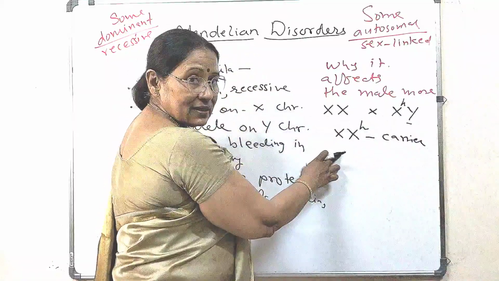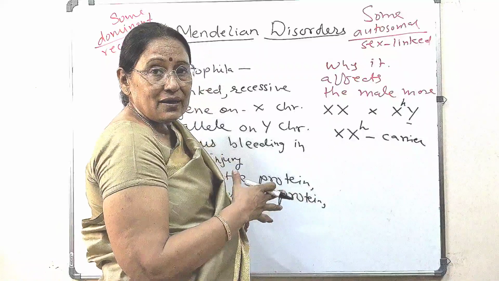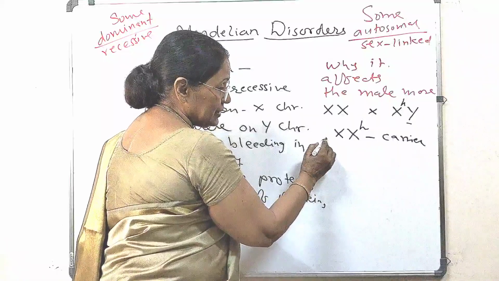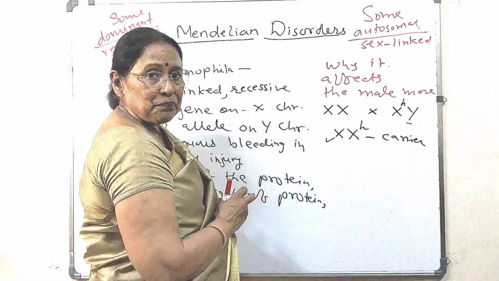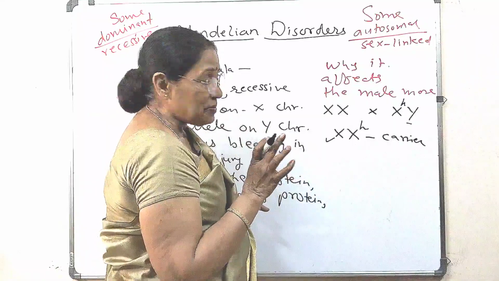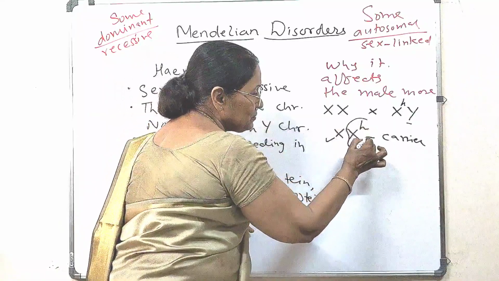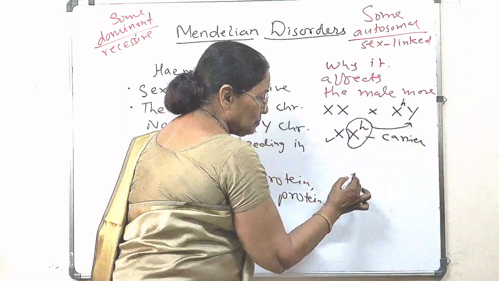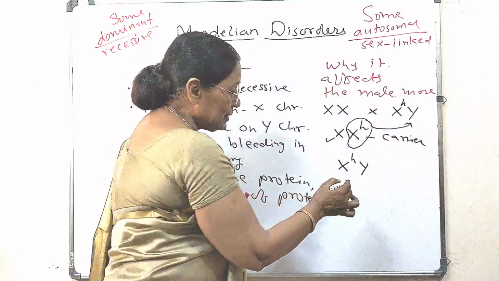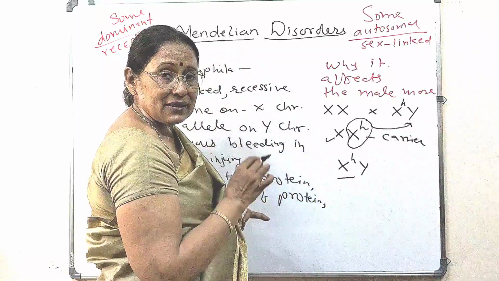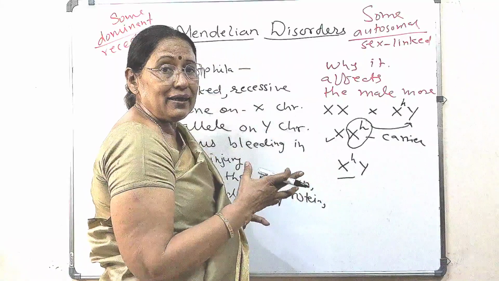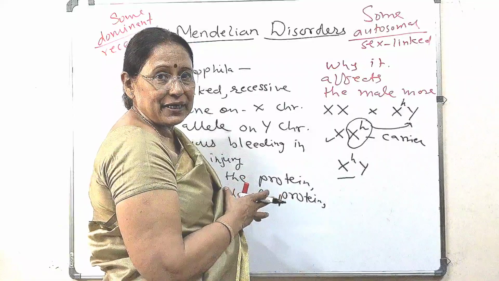Now when this daughter gives birth to a son, if the son gets the X chromosome not having the recessive allele, then that child is blessed. But if the son gets the X chromosome carrying the recessive allele which causes hemophilia, and as there is no allele on the Y chromosome, there is no one to protect.